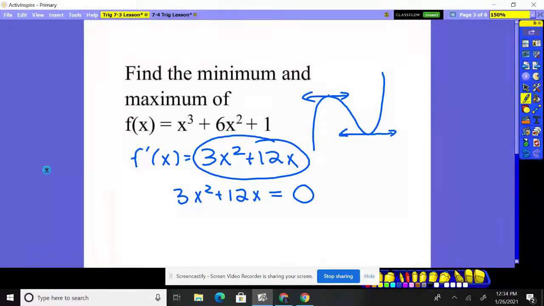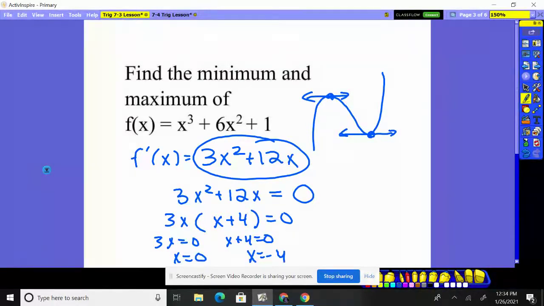Let's just solve it for x. That'll tell us where these points happen to be. Start off, I'll factor out a 3x, leaves me behind with x plus 4 equals 0. So either 3x is 0 or x plus 4 is 0. Divide by 3, so x is 0, or my other option, negative 4.